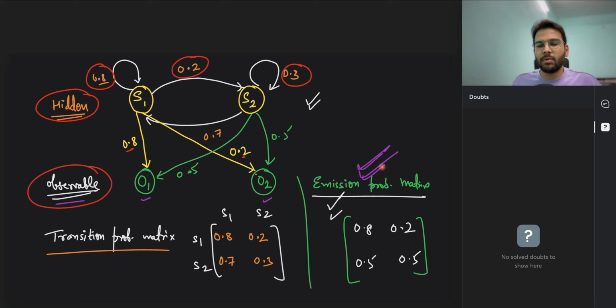I will give you a very good example also, where you can easily understand what I mean when I say that some states are hidden and some states are observable. But before that, is it clear what the emission probability matrix is? If it is clear, just give me a thumbs up in the reaction so that we can proceed further.